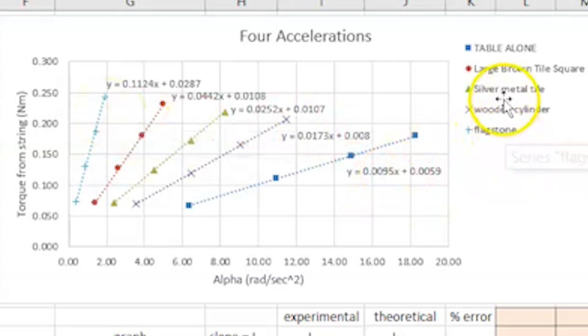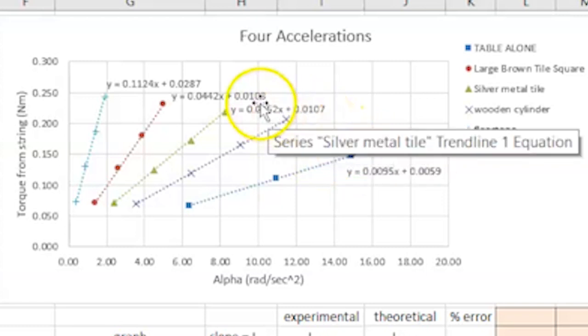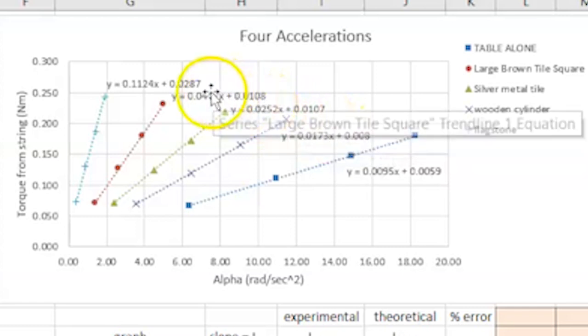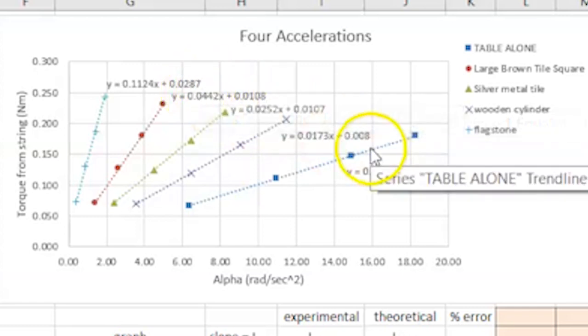These are, as we go up the legend, in order of increasing weight. So you can see for the lightest objects, the frictional torque is the lowest. And as we go up higher, I'm looking at the y-intercepts of the equations here.